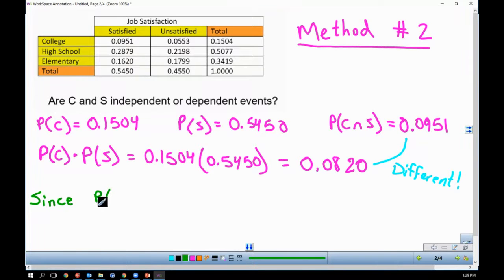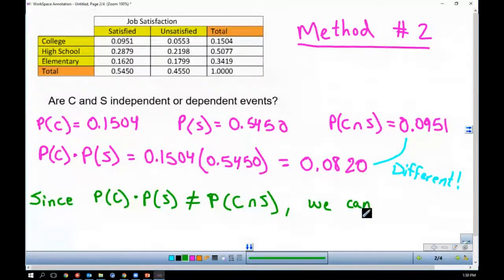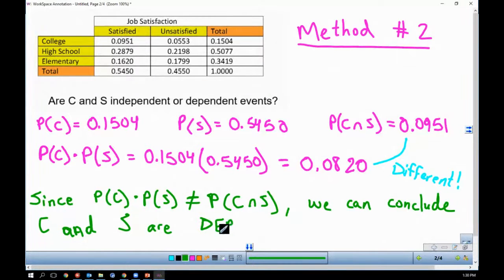Since the probability of C times the probability of S is not equal to the probability of C intersect S, we can conclude C and S are dependent events.